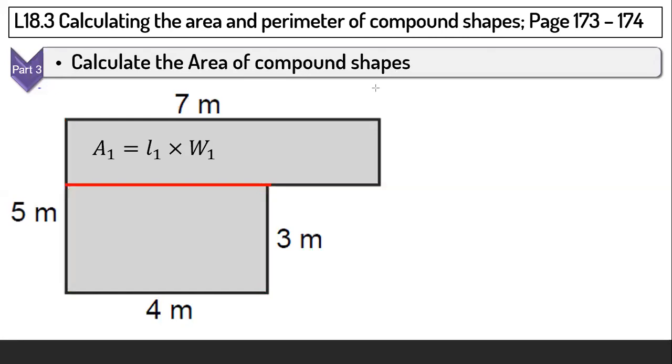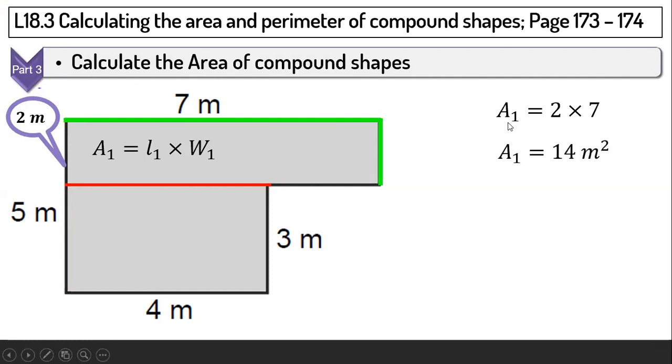So now, let's see it here. The length is 7. The width is this piece, which is 2 meters. For right now, I will be finding the area. So the area will be 7 times 2, which means it's 14 meters squared.